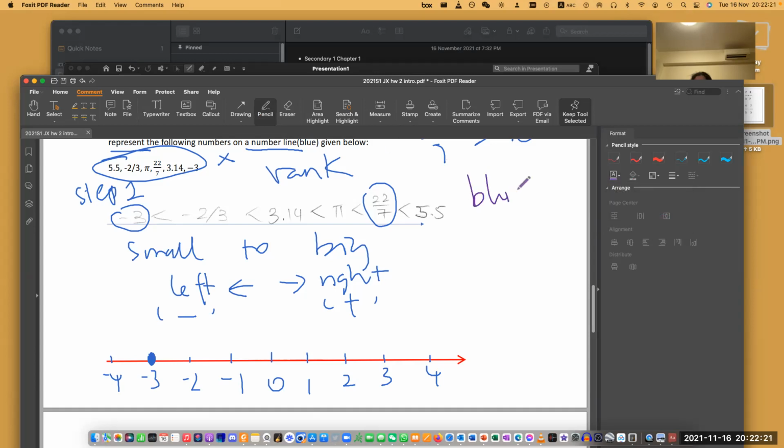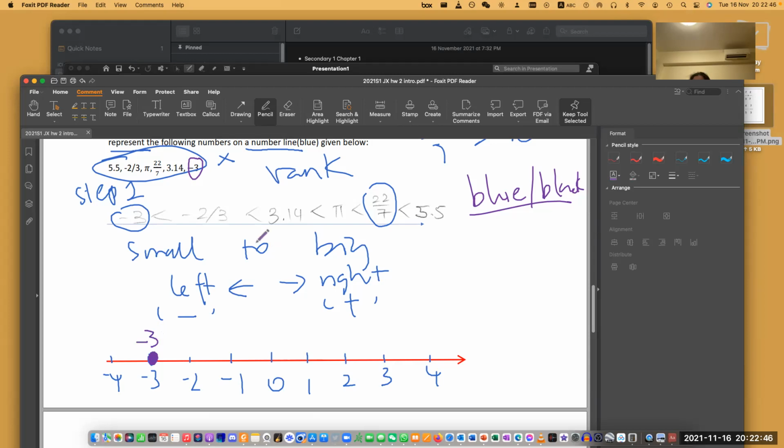Am I right? Yeah. Okay, good. So you're supposed to use blue and black during the exam. Over here, I can play with more colors. So you have the number negative 3. You just mark it on the number line, and then label negative 3.